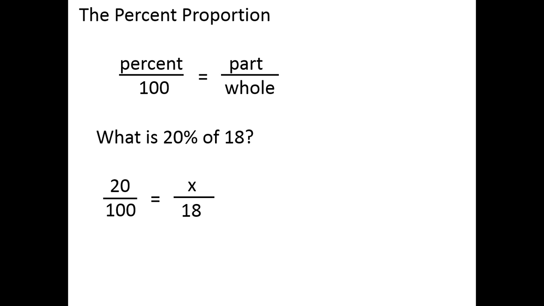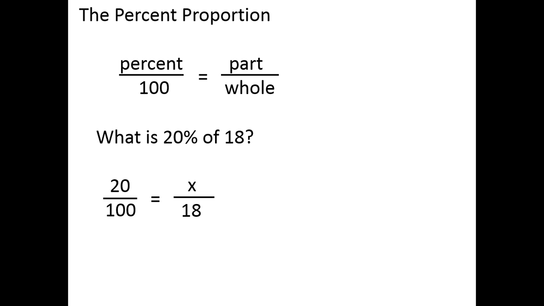Now, one thing that can be really helpful when we're working with percent proportions is we have to figure out what the part is, what the whole is, and what the percent is. In this case, the percent was given to us. It was 20%. The whole will be the value that we see immediately after the word of, because we're looking for a part of a whole.